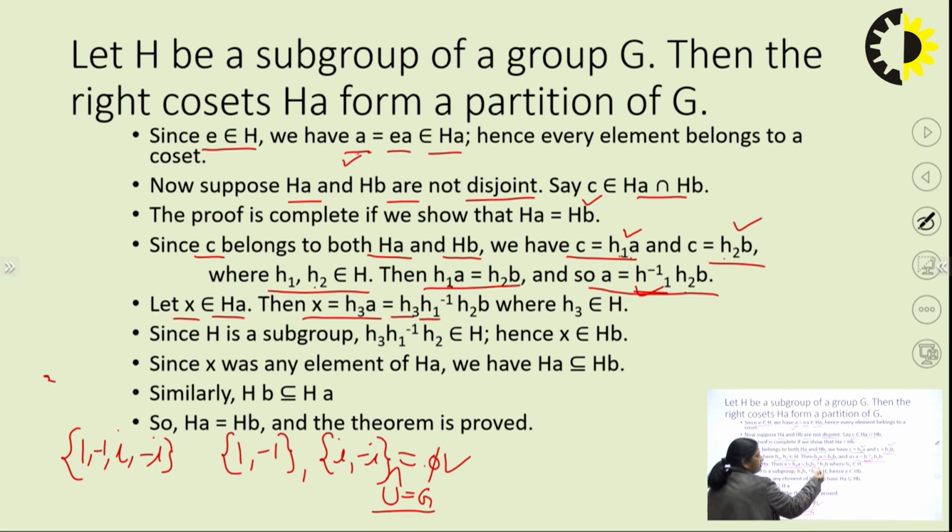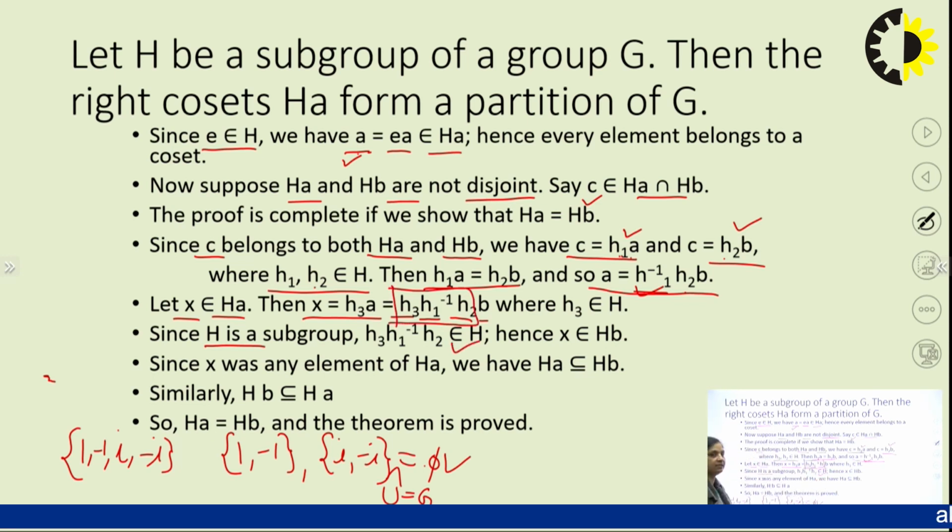H1 inverse H2B, where H3 also belongs to H. Because H3 also belongs to H and H is the subgroup, it means the complete element also belongs to H. It means X belongs to HB. So when I take X belongs to HA, I get X belongs to HB.